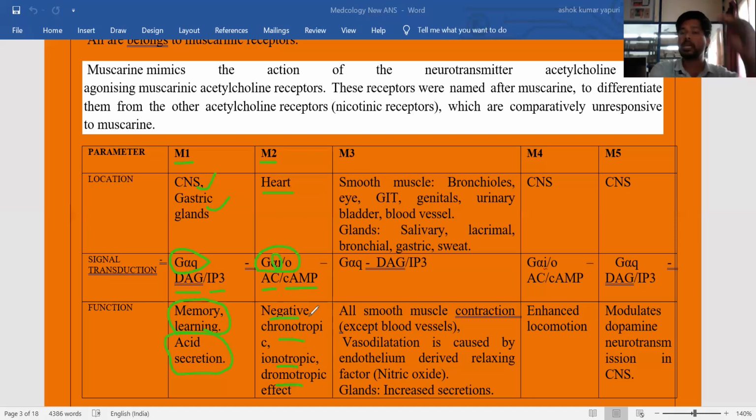Negative means decreasing. Negative chronotropic means the number of beats is decreasing. Negative inotropic means the number of contractions is decreasing. Negative dromotropic means the conduction velocity of the heart is reducing.